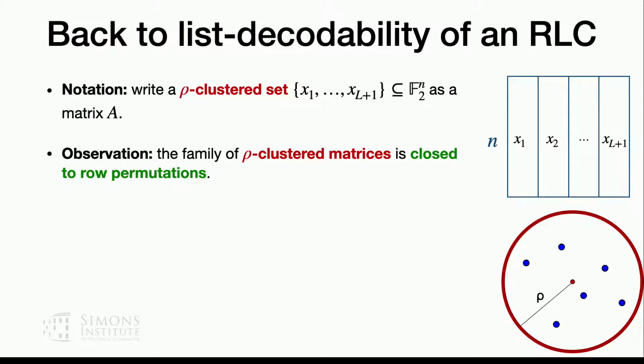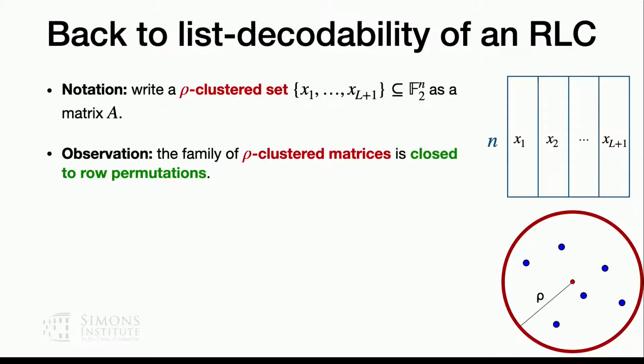And I need the following observation. I have the family of all the bad matrices. Bad matrices are matrices that, if they are in my code, then the code is not list decodable. I want to show that these are probably not in my code. So I just want to note that this family is closed under row permutations. What does it mean?